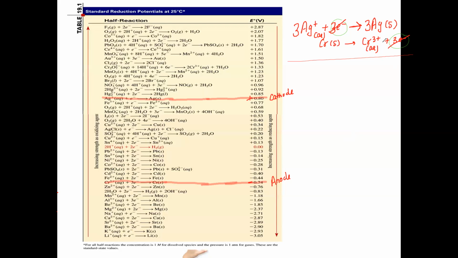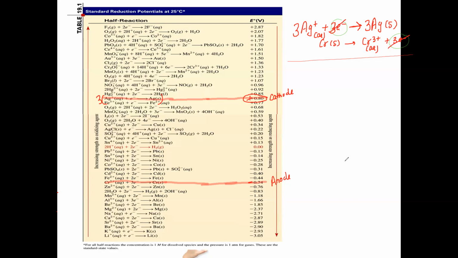Children, you're understanding? But when I multiply this equation by 3, should I multiply this potential also by 3? Answer is no. Please do not multiply your potential values by the coefficients when you are balancing the equation.